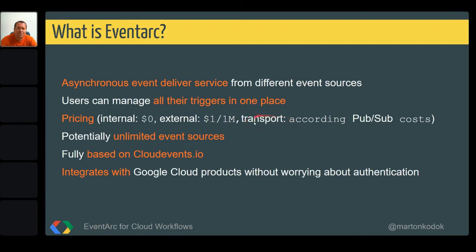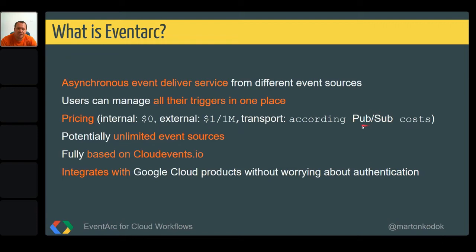But we don't need to forget that there is a transport cost, and that's according to the Pub/Sub costs. I don't want to expand more on the Pub/Sub cost, but this is based on access and also by bytes. So how long, how big, how large is your event? It can add a Pub/Sub cost.